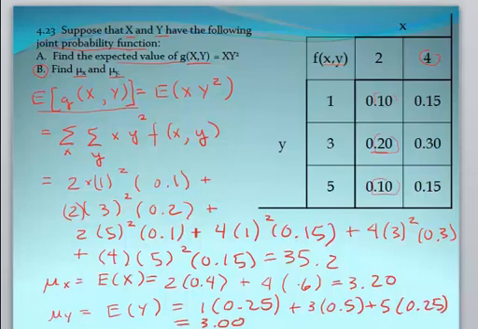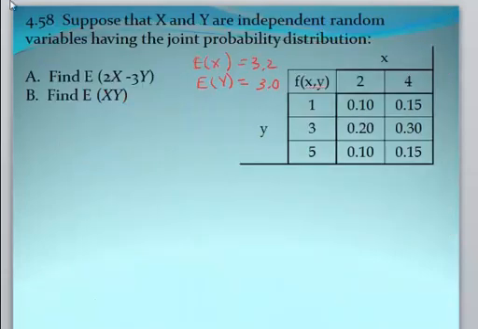So we're done. Now for this particular problem, we're going to suppose that x and y are independent variables, and we're supposed to find these expected values. Now, this is the same table we've just worked with, and we found that the expected value of x was 3.2 and of y was 3.0.